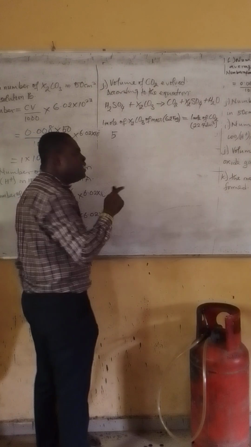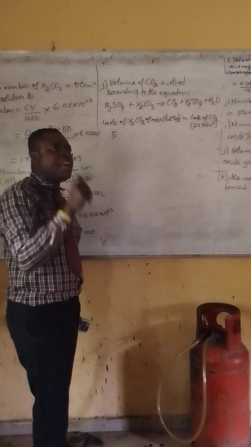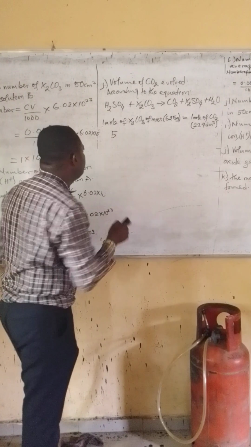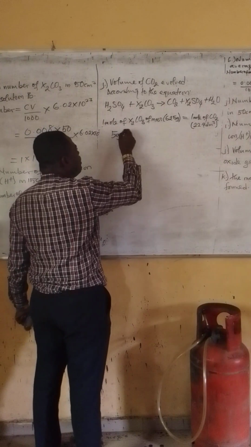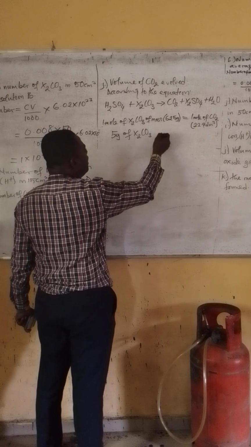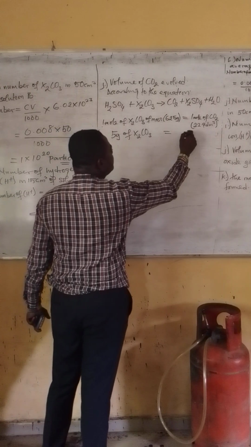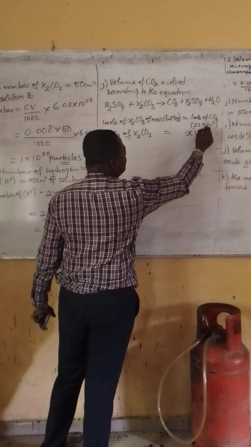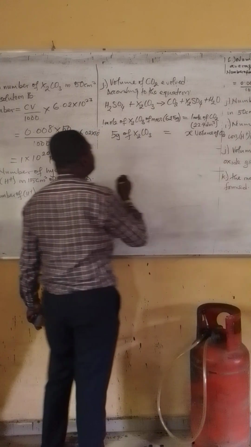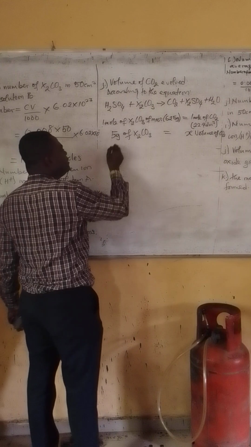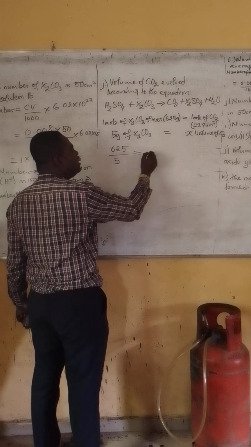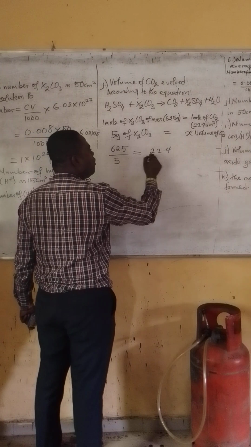It said B is a solution containing X2CO3 containing 5 grams per dm³. So 5 grams of X2CO3 will give us X volume of CO2. We don't know it. So we now have 625 over 5 grams equals 22.4 over X.